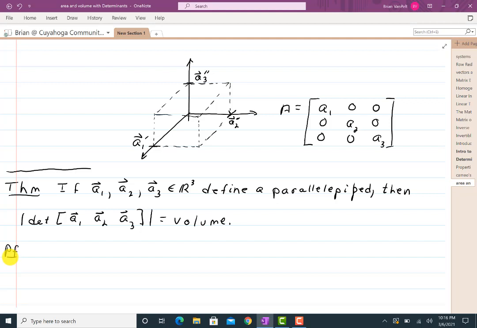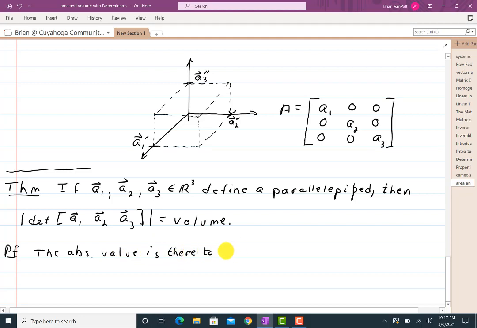I'm only caring about the situation where the three vectors actually define a real honest parallelepiped that will have volume bigger than 0. So the absolute value is there to handle column swaps.